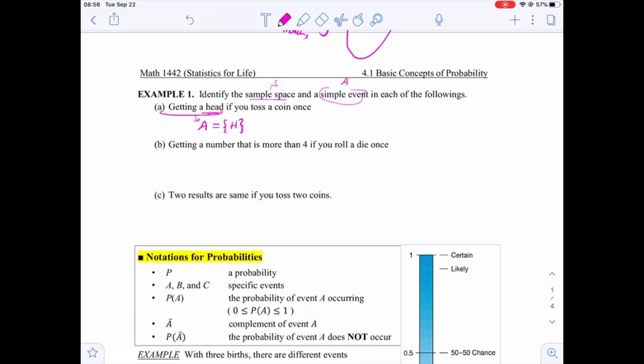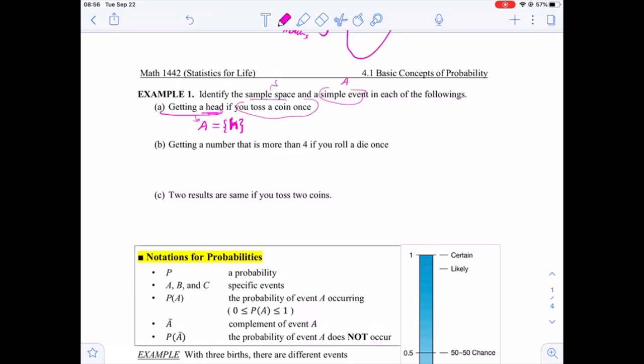We just write it as a singleton, a set that consists of 1 element. And as I mentioned, you may use a small letter or a capital letter, it's up to you. So let's use a small letter here, head. If someone wants to use a capital letter, they are welcome.